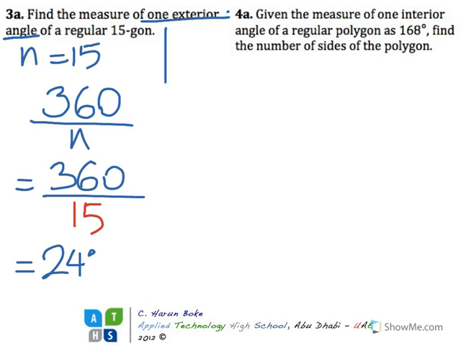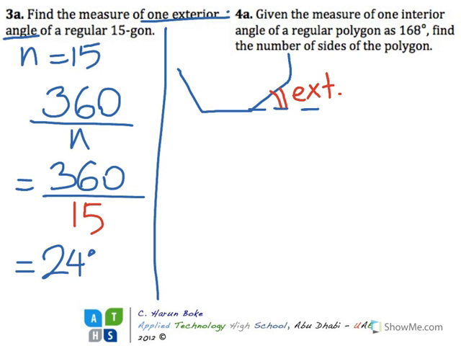In this question, we are given one interior angle as 168 degrees, and the question asks us to find the number of sides of the polygon. Let's remember, if this is a part of the polygon that we're talking about, and if we extend one of the sides, then we get an exterior angle here, and we also have this interior angle here.